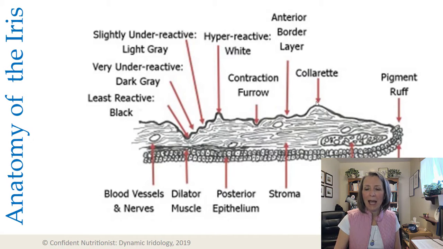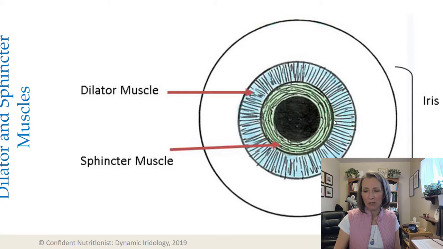As we look at the actual muscles of the eye, we see that there are 2 sets of muscles that are important. So this is the entire eyeball, and this is the iris. The outer part of this iris is the dilator muscle, and we can see that we've got all these muscle fibers in here. These muscle fibers are anchored in at the sclera edge, so this edge is not going to move.